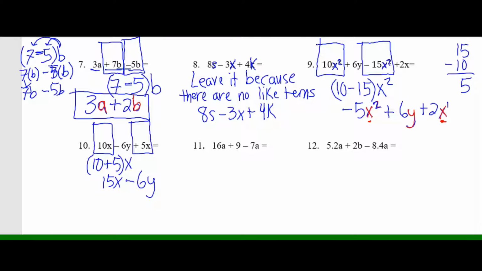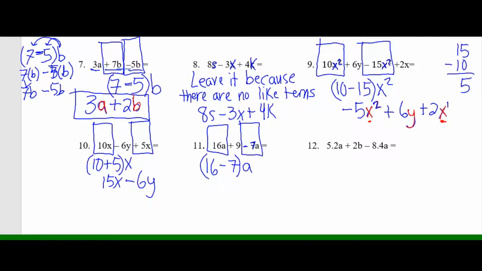Number 11. We're going to combine our like terms. So we have 16 times a minus 7 times a. I'm going to factor out the a since the a's are the same, the factor that's the same in both. And that's what I want to combine. So I'm going to put 16 minus 7, and I'm factoring out the a.